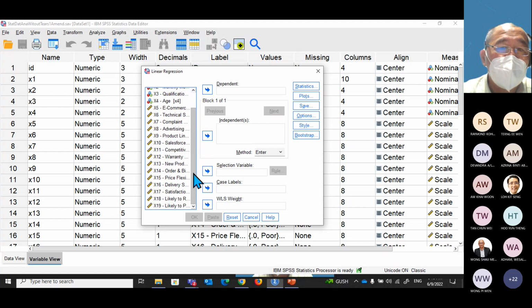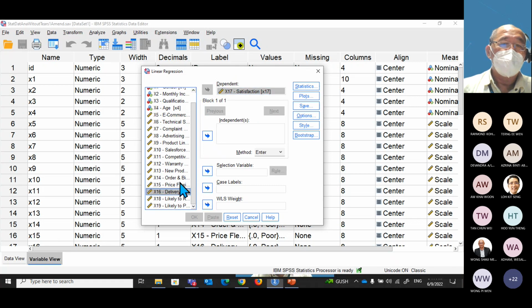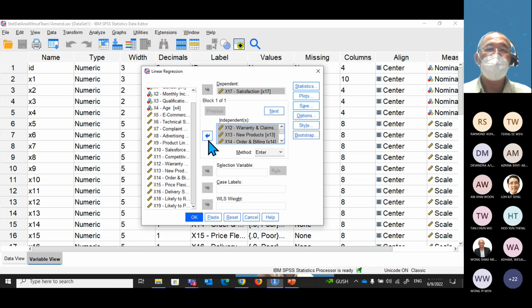We use satisfaction as the dependent variable. Now I think we can use 12 until 16, which includes 5 independent variables.